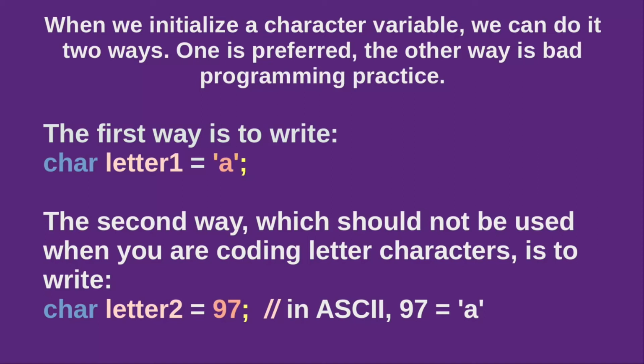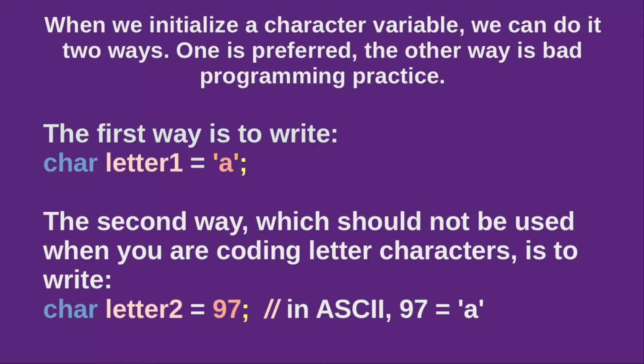The first way is to write something like this, as you can see there. This is good programming practice in that it allows a person reading your code to understand that letter1 is being initialized with the letter A to start off with. The second way, which should not be used when you are coding a letter character, is to write like this. As you can see, this is actually an ASCII code.